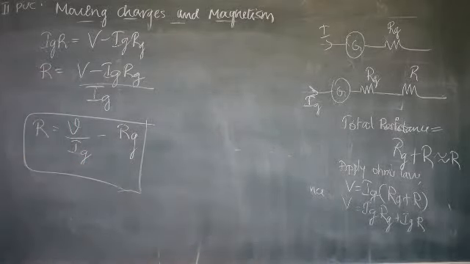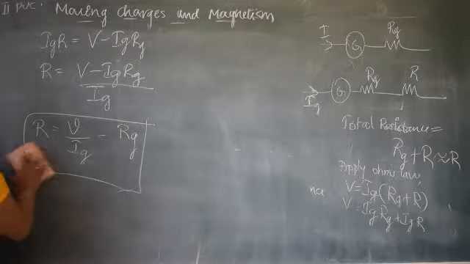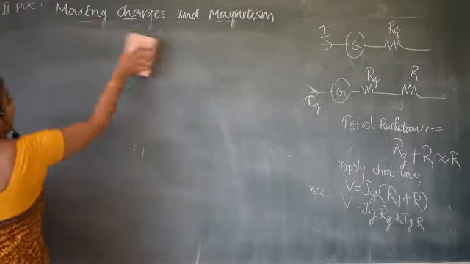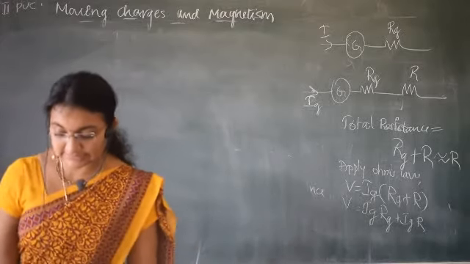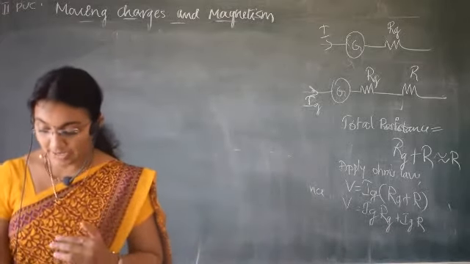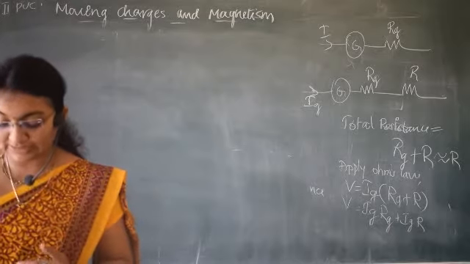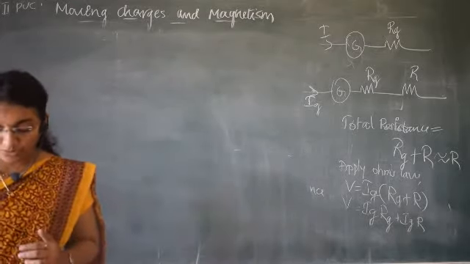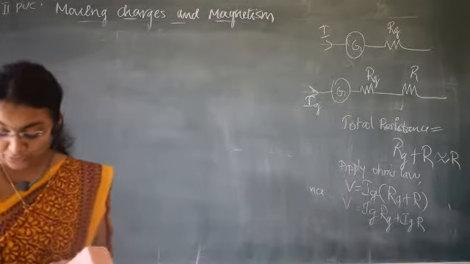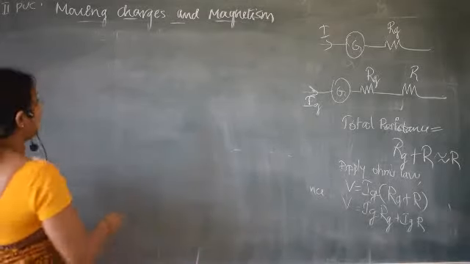Yes, here is the next question. A moving coil galvanometer has a resistance of 30 ohm and it gives full scale deflection for 10 milliampere.